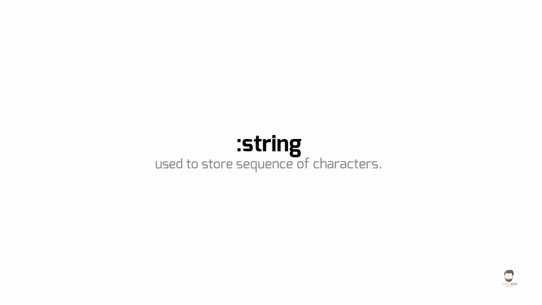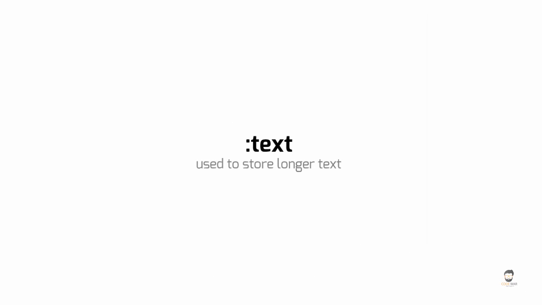Strings are used to store a sequence of characters. And next is text. Text is used to store longer text, which means strings have a limit of about 255 characters by default, but text has a limit of more than 4 billion characters.